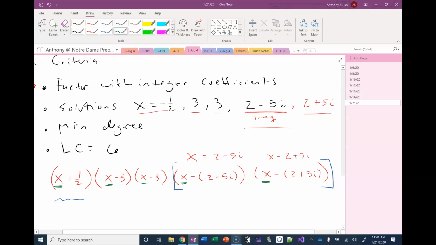I need my leading coefficient to be 6. So let's put a 6 out front. But I'm not going to write it as a 6. I'm going to write it as 2 times 3. Why would I write it as 2 times 3? Because the 2 I'm going to multiply into this one to get rid of the fraction inside of that one.